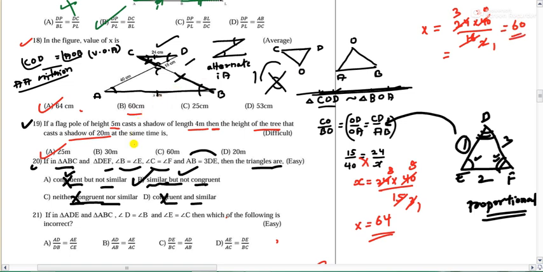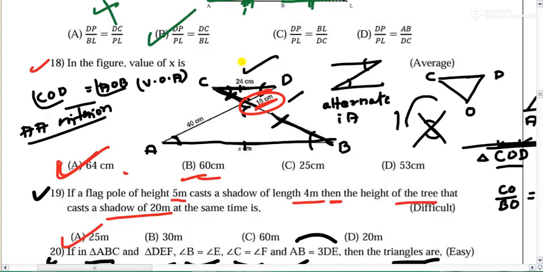Even that option is also available. So if it is 15, the answer should be 64. If it is 16, the answer should be 60. I don't know which it is. I think it is 15 only.